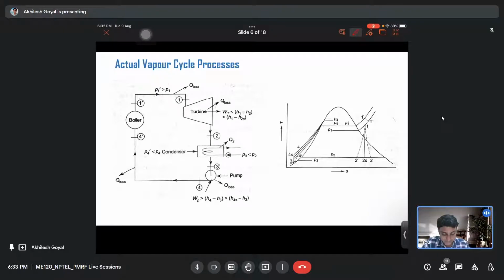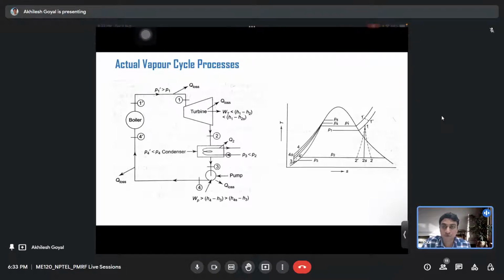Here you can see that when the working fluid flows from one component to another component, there is piping loss. So the first irreversibility is piping loss.